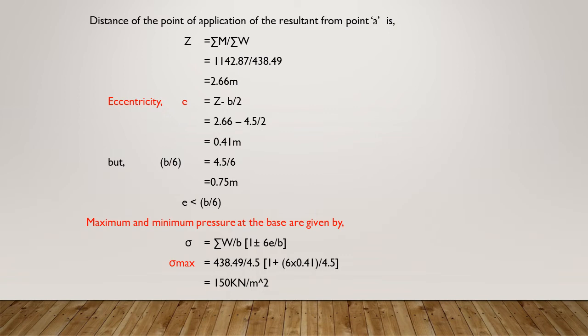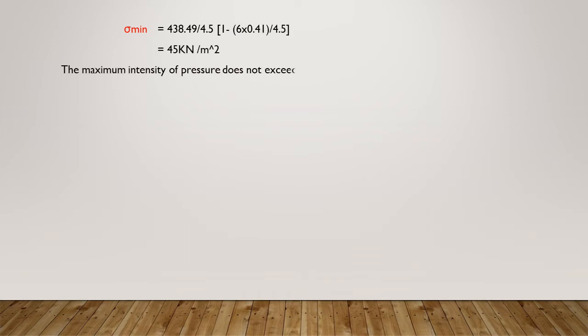So the sum of load is 438.49, b is equal to 4.5, and 6 into e, which is 0.441, divided by b equal to 4.5. So sigma maximum is equal to 150 kilonewton per meter square. Sigma minimum is with 1 minus that term, so you get 45 kilonewton per meter square. The maximum intensity of pressure does not exceed the permissible value of 160 kilonewton per meter square.